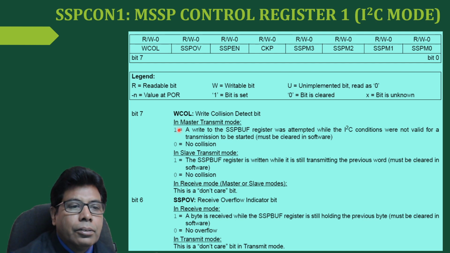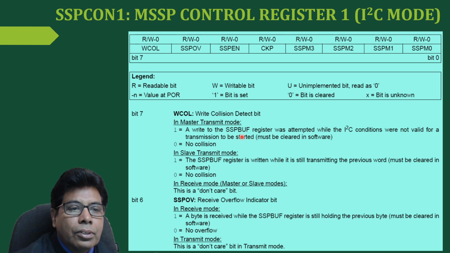Now if it is 1, then a write to the SSPBUF register was attempted while the I2C conditions were not valid for a transmission to be started.